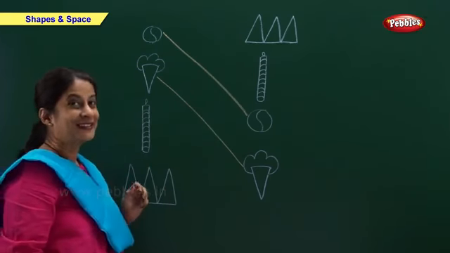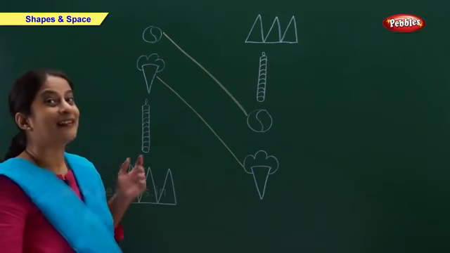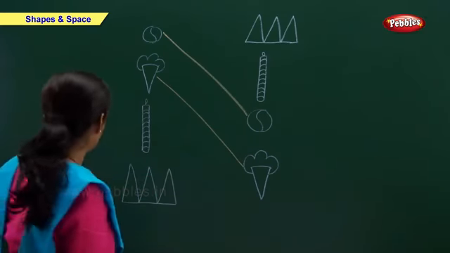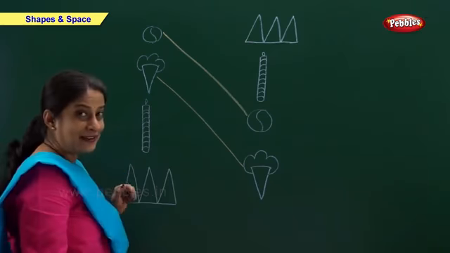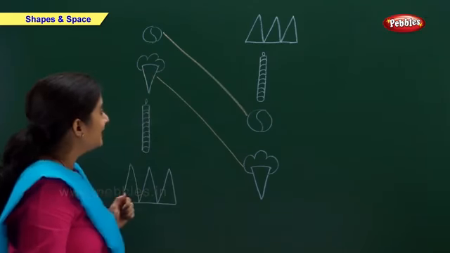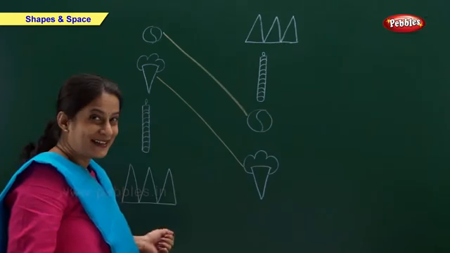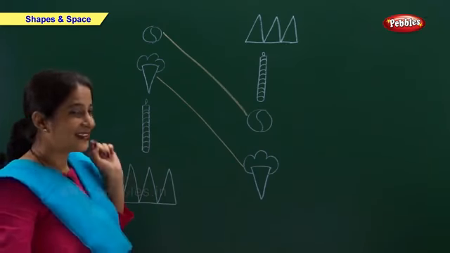What is this? Come on, tell me fast. Right, it's a candle. So let's find candle and match. Is this a candle? No. Is this a candle? Right, it's a candle.